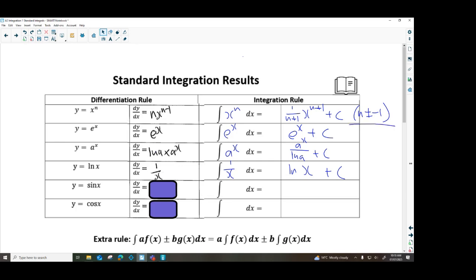So the first rule doesn't work when n is minus 1. x to the minus 1 is 1 over x. It integrates to give ln x, except there is a problem. The problem is ln x is only defined if x is positive. ln x is undefined if x is negative.